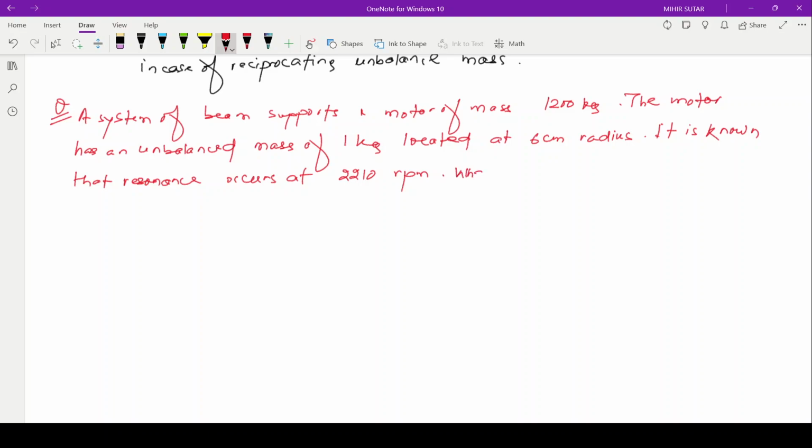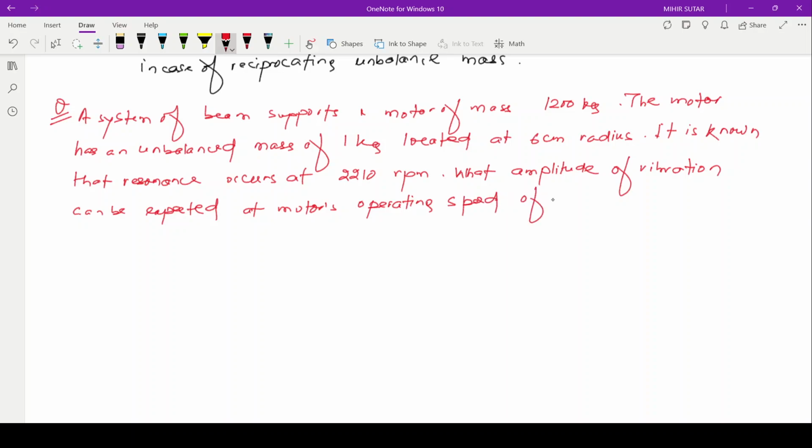Okay. What amplitude of vibration can be expected at motor's operating speed of 1440 RPM if damping factor is 0.1 and 0.